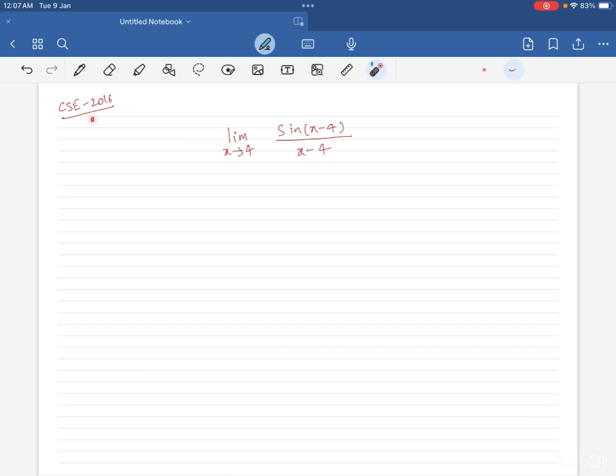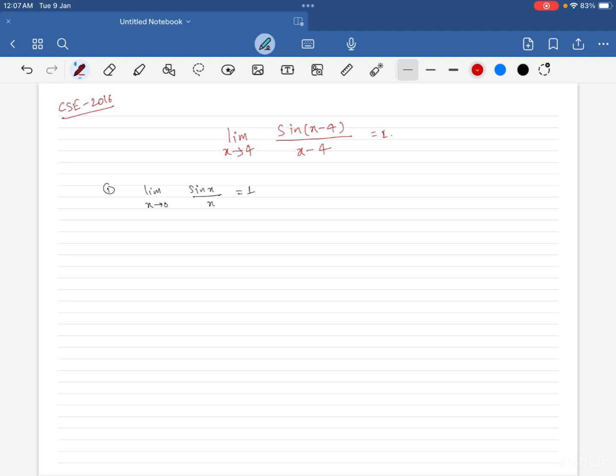So this is from CSE 2016. In this limit, if you recall, we have results of limits that are very important. So the answer for this is 1, right? And you should know the following limit, that limit x tends to 0 of sine x divided by x is equal to 1.